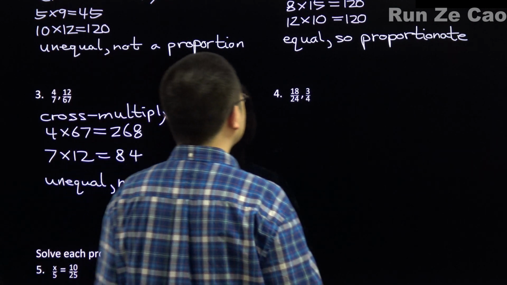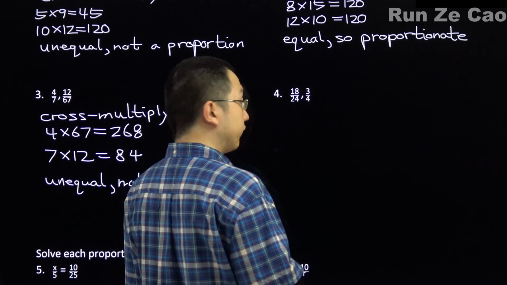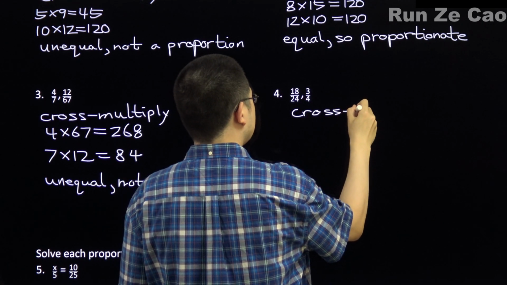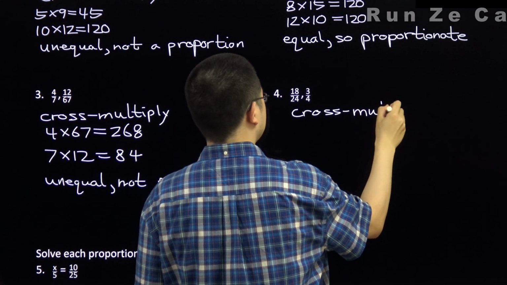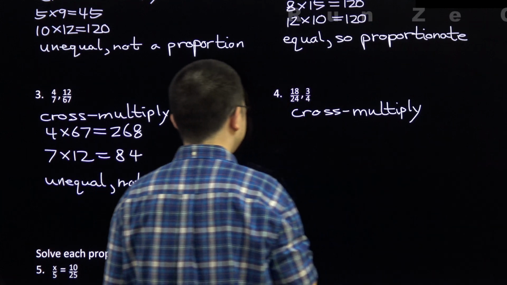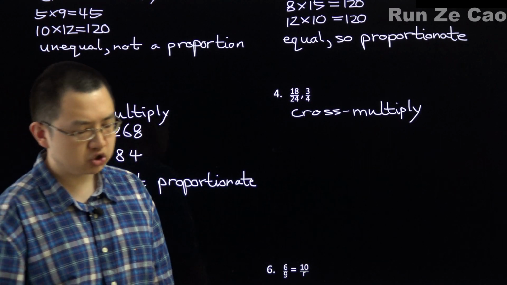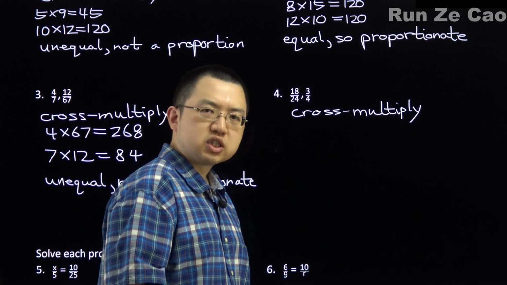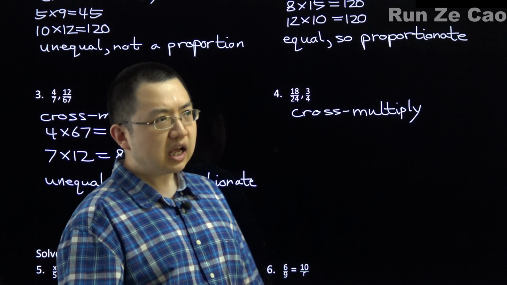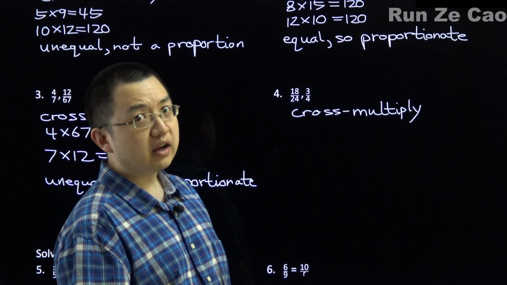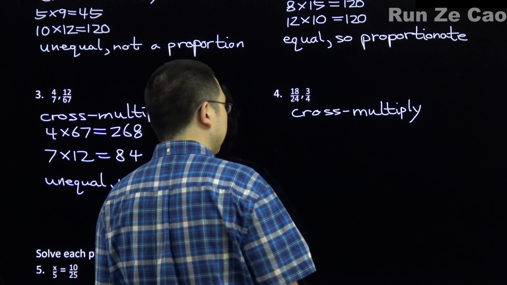How about 18 over 24 versus 3 over 4? Well, you cross multiply. This is why I prefer the simplify to simplest form choice for finding whether ratios are equal to each other, i.e. proportionate. Because if they are equal, they will simplify to the same simplest form.